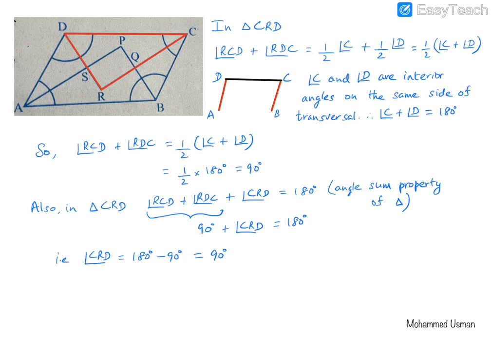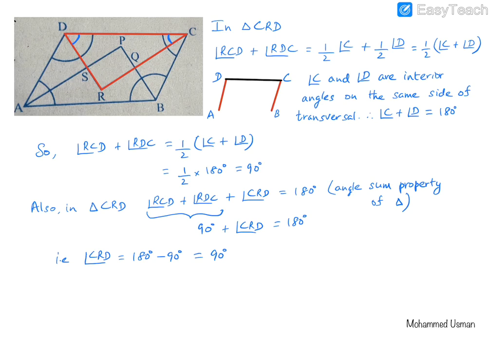So again in this triangle CRD, the angle RCD, which is this angle I'm highlighting in blue, plus the angle RDC, which is this angle here, is going to be equal to half of C plus half of D, because the angle RCD is half of angle C, because CR is the bisector of angle C, and the angle RDC is half of angle D, because DR is a bisector of angle D.